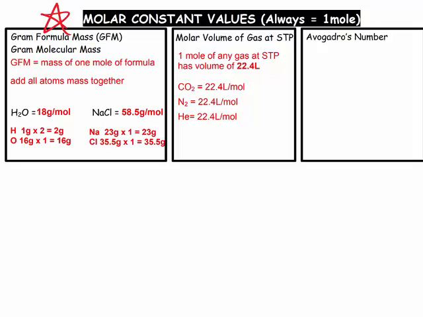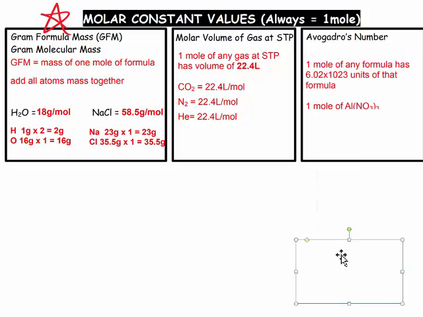Okay, and then the last of the three molar constants is probably the hardest one to wrap our heads around. We don't use it a whole lot, but it's Avogadro's number, and Avogadro's number is that huge number, 6.02 times 10 to the 23rd. Sorry, the 23 here should be superscripted, right?